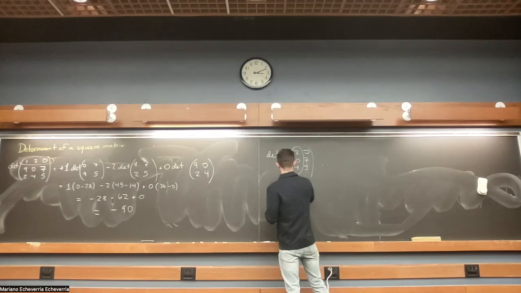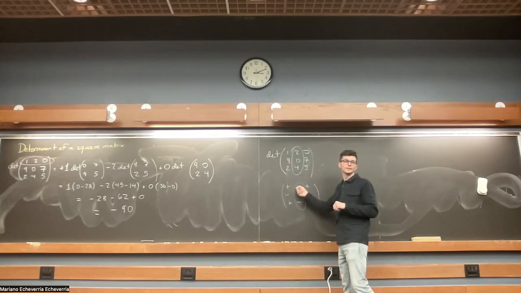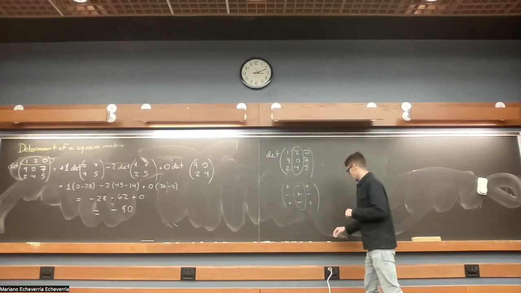And again, if you compare with the matrix of signs, now we're going to use this column, so we'll start with a minus. It was going to be minus plus minus.